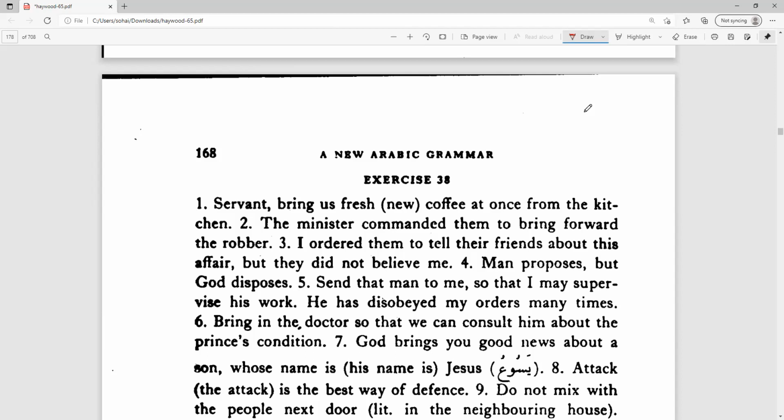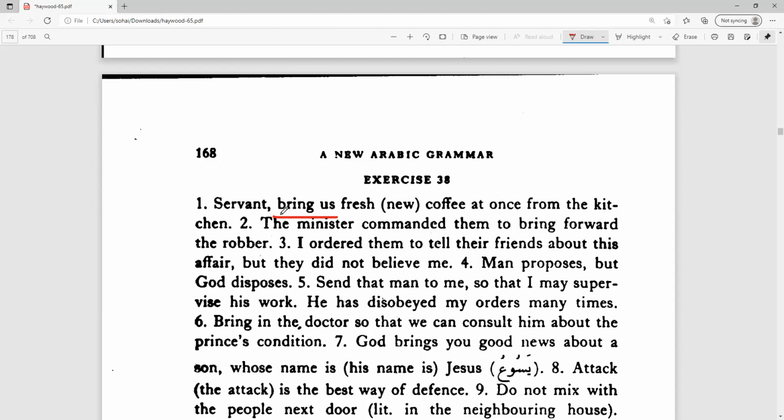So both words mean to bring. I'm not getting how to start. Tell me in English, what do you understand from this sentence? I'm commanding the servant to bring for us.